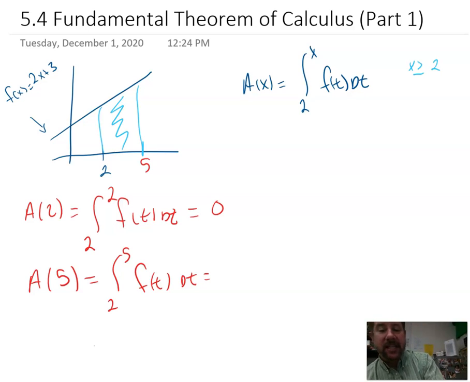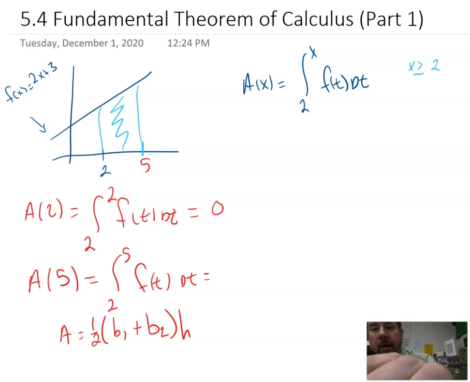That shaded region is a trapezoid, so the area would be 1/2 the base 1 plus base 2 times the height, where this would be base 1 on this side, right, and this would be base 2 over here, and the height would be along the bottom. All right?